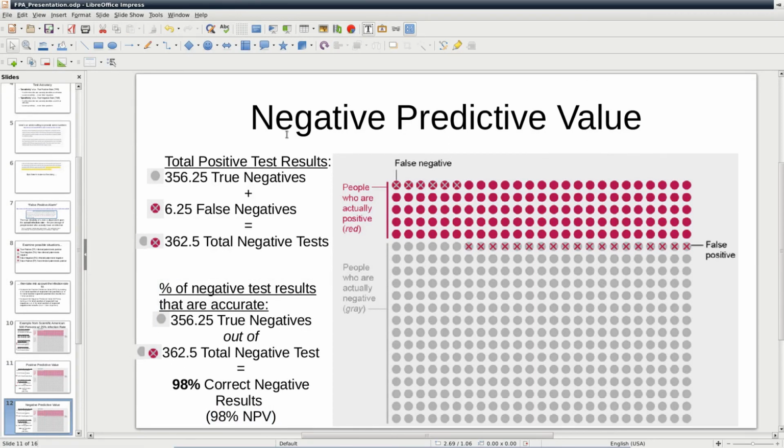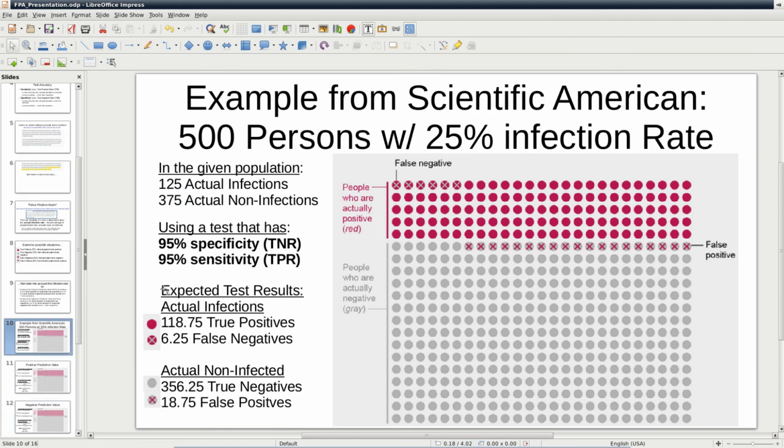Now, it's basically the same exact logic for the negative predictive value, except we look at the negative outcomes of the test. We recall from our original calculations, we had 356.25 true negatives. Here, I'll go back just to show where that number comes from. This is the earlier slide.